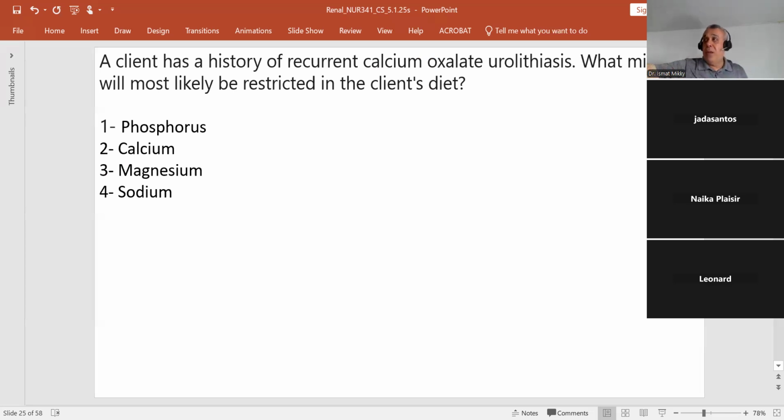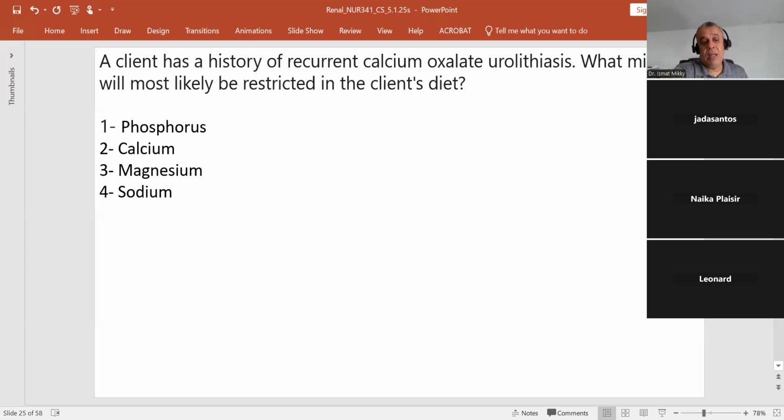Even though the most common renal stone is made of calcium oxalate, the sodium restricted diet may be prescribed for a client with recurrent urolithiasis, because an increased sodium intake will contribute to increased excretion of calcium in the urine.